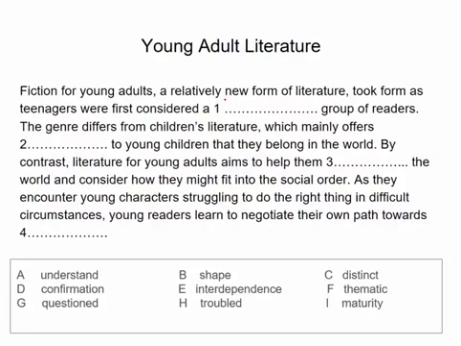Okay, so for example, look at number 1. The sentence reads, fiction for young adults, a relatively new form of literature, took form as teenagers were first considered a blank group. Okay, here we've got a nice clue: a, the article. And after the blank, we've got group, a noun.